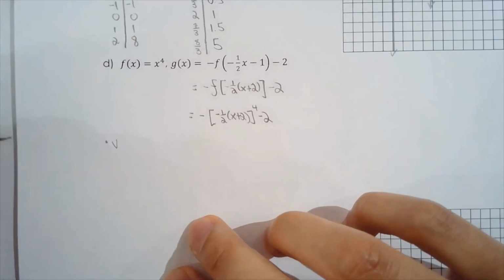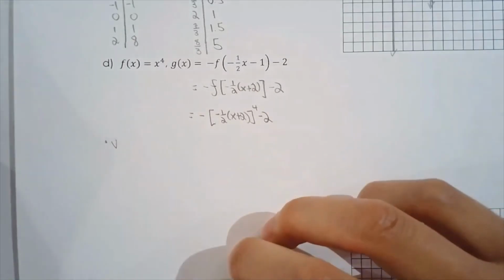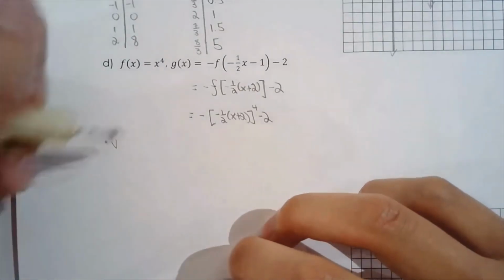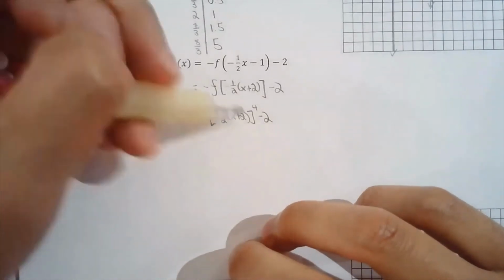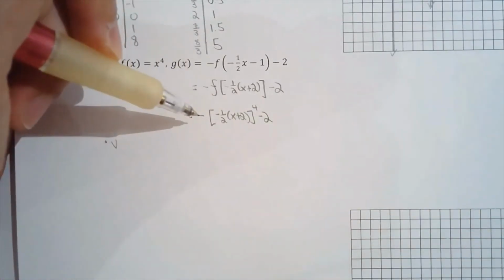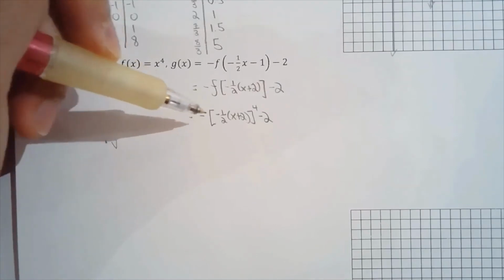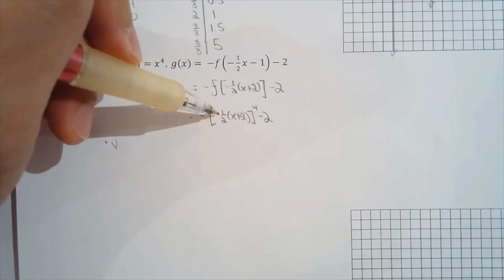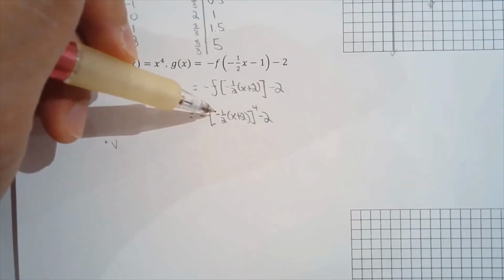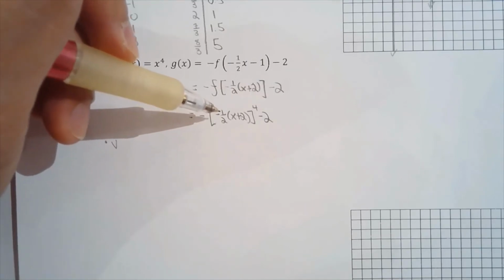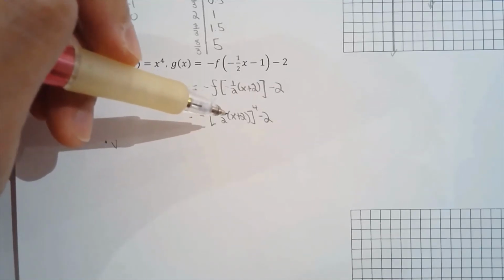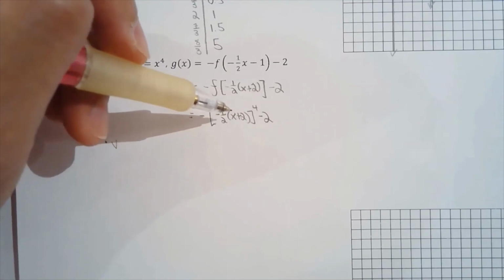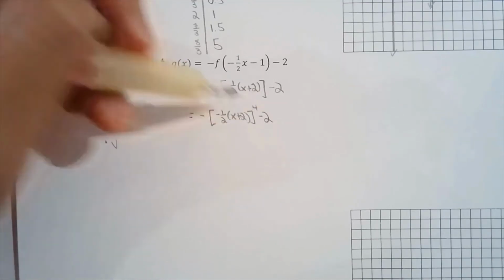Okay. So you know what? I'm going to show you something interesting. To obtain g of x, you could say reflection with respect to the x-axis, reflection with respect to the y-axis, horizontal stretch by a factor of 2. You can say horizontal translation 2 units to the left, and a vertical translation 2 units down.